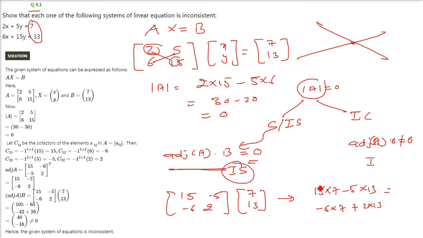So you get 105 minus 65, which is 40, and here you have minus 42 plus 26, which is minus 16. This is not equal to 0. So as I said, when it is not equal to 0, that means it is inconsistent.